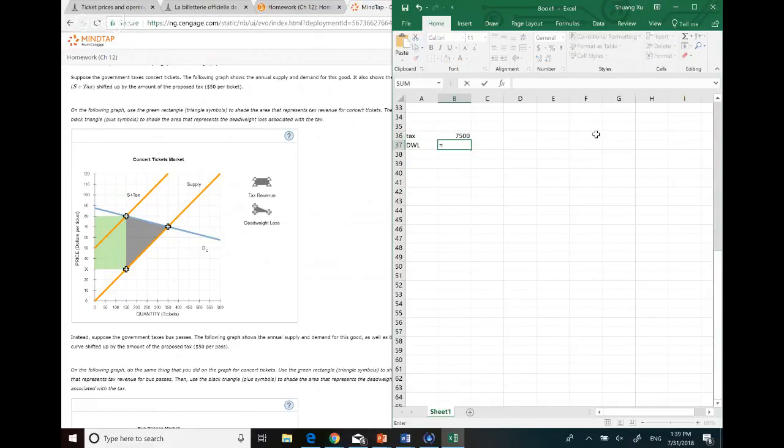And then deadweight loss is a triangle, so base times height divided by 2. The vertical difference is 80 minus 30. The horizontal difference will be 350 minus 150, divided by 2. That's your deadweight loss.